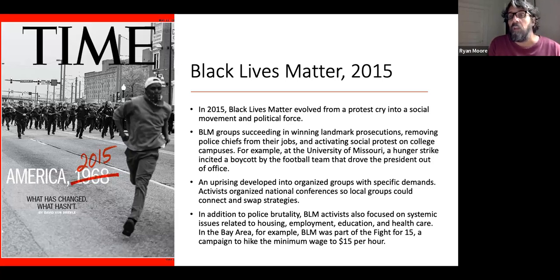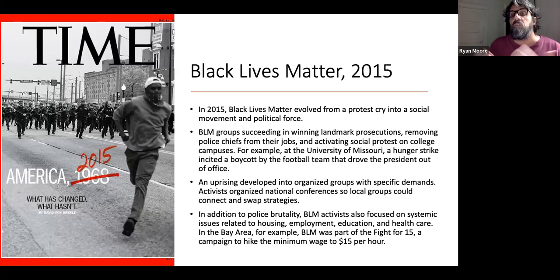So there's this effort basically to more coordinate what are otherwise these decentralized, locally organized groups and chapters. And so there's this emphasis now on bringing people together to trade strategies and organizing ideas.